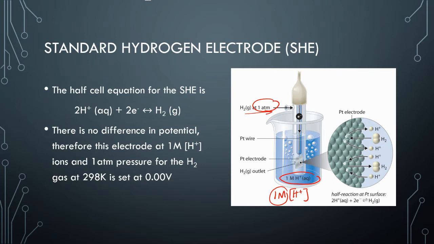So you have hydrogen being both oxidized and reduced, which basically cancels itself out, giving us an electrode that has a potential of 0 volts. All right. Now, if you plug this in to another half cell, we can figure out, based on what's going on the second half cell, what is the potential of that particular half cell.